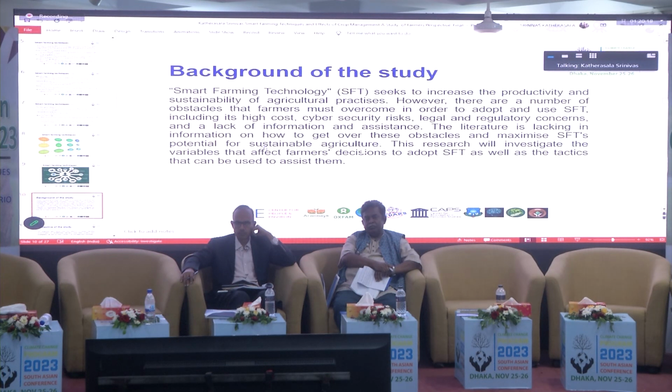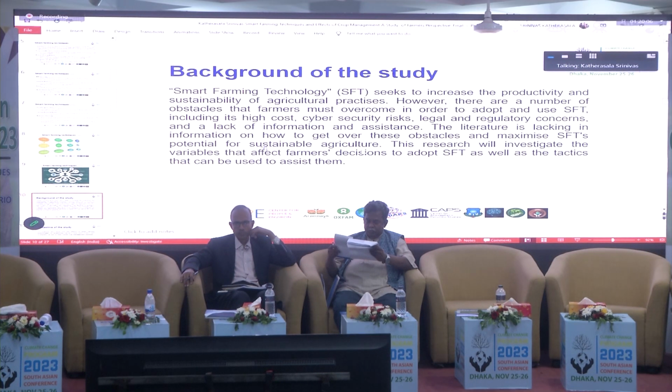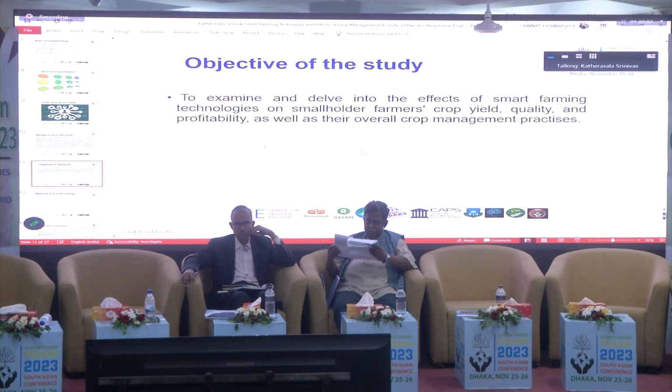So basically, my background of study is about increasing the productivity of sustainable agricultural practice, how smart farming technology works, and what the merits and demerits of smart farming technology are, in particular to improve sustainable agriculture from the farmers' perspective. My objective is to examine and develop the effect of smart farming technology on small farm holders. Because in this study, sir, maximum 70% of the farmers are small farmers.